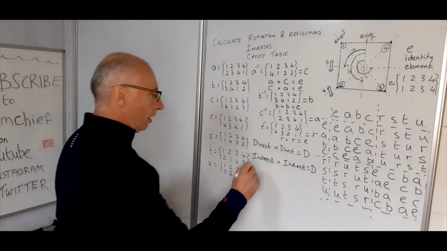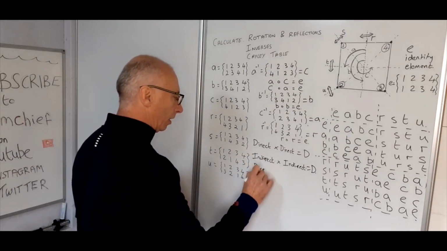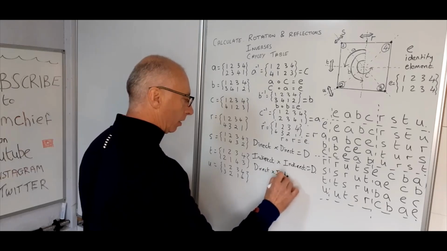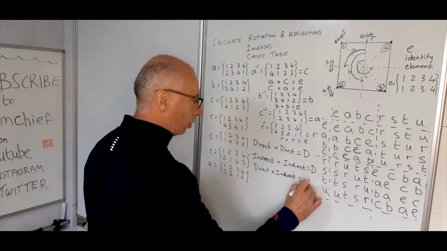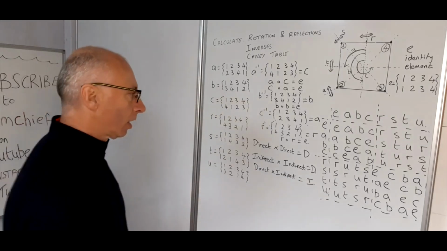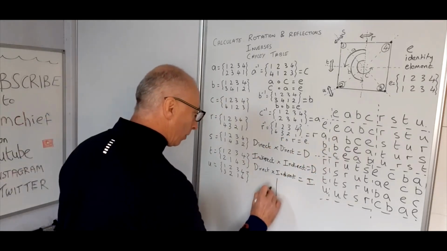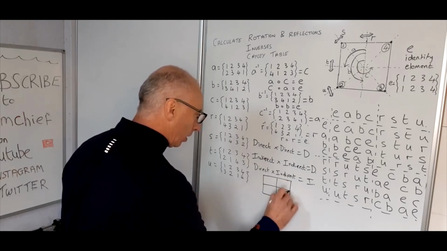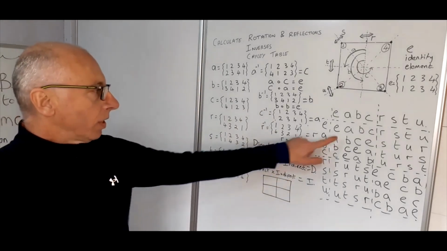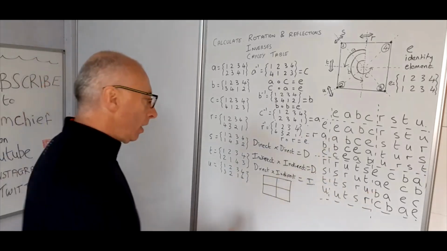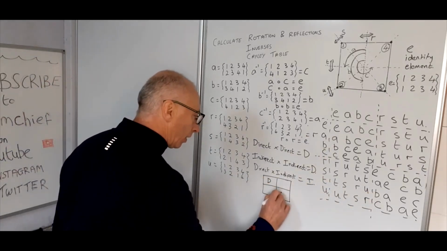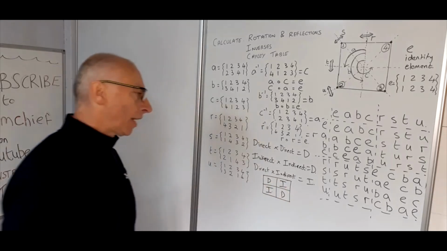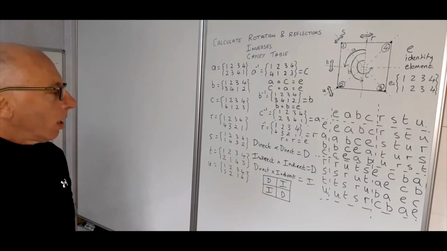Now vice versa, direct times indirect will always yield indirect symmetries. So this table makes this kind of pattern. So if you imagine this one is these ones here, and this one is these ones here, we've got direct, and then indirect and indirect. Okay.